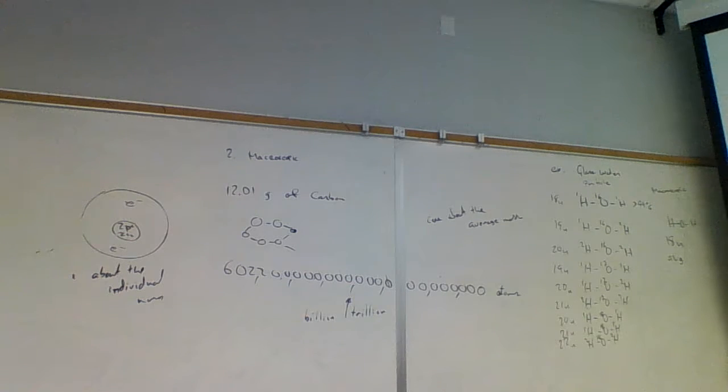If we have 0% carbon-12, how much percent carbon-13 must we have? 100%. And if we have 100% carbon-13, what's the percentage of carbon-12? 0%. So I'm going to show you another mathematical technique that we use in chemistry.